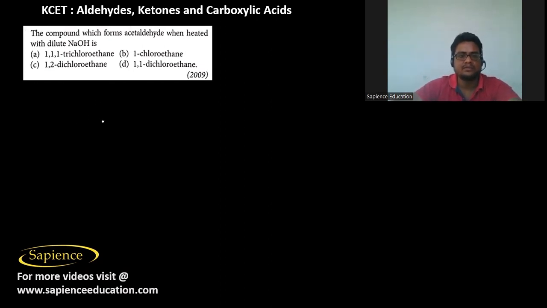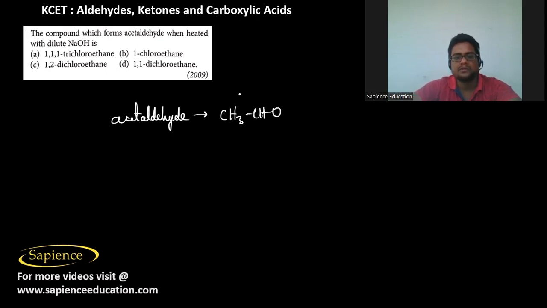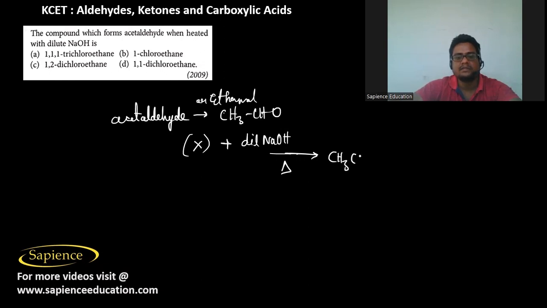Acetaldehyde is CH3CHO, which is also called ethanal. So it means that some compound X, when heated with dilute NaOH, forms acetaldehyde. Then what should be that compound? It has been asked.